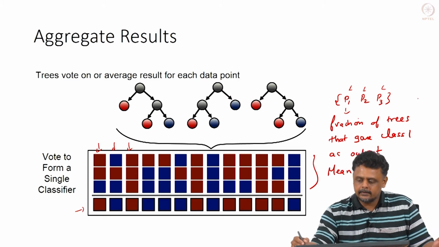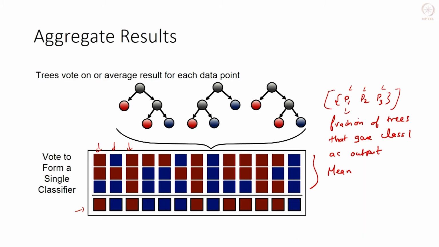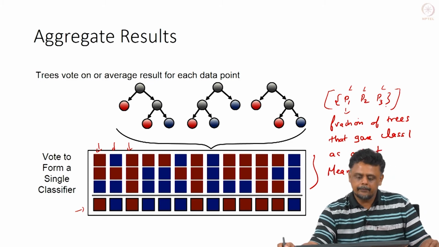Even though this is appealing to do, the better approach would be to directly estimate the probability from the output of each of the individual trees and then average those probabilities instead. In this case, we are considering the fraction of trees that give a particular class as output.